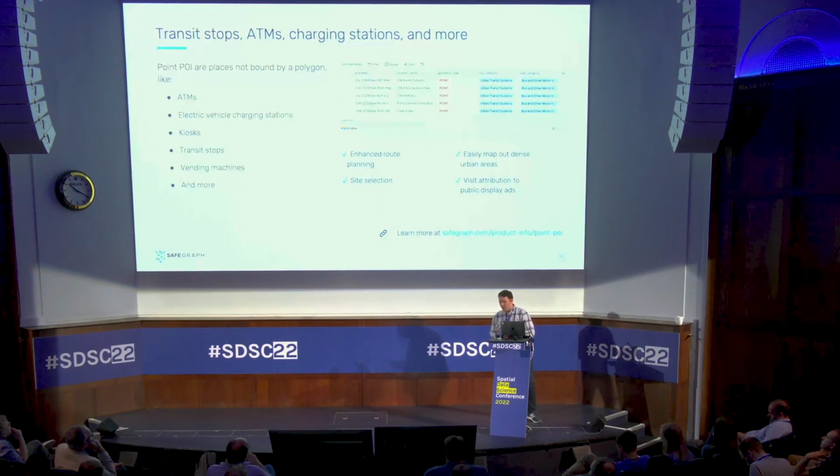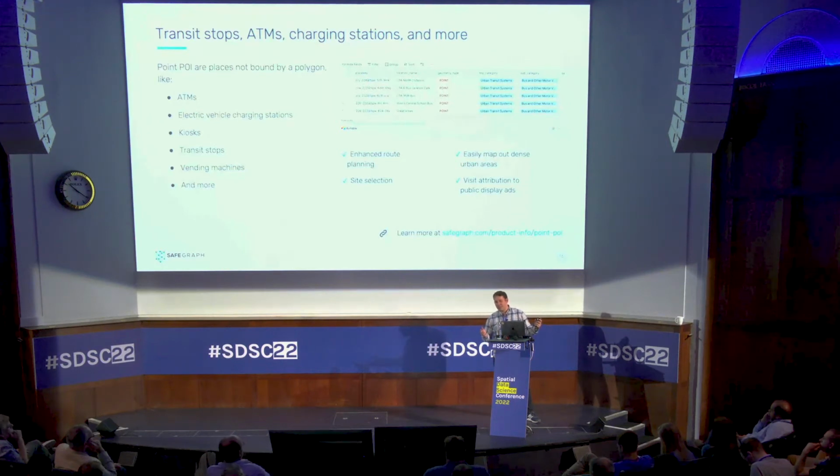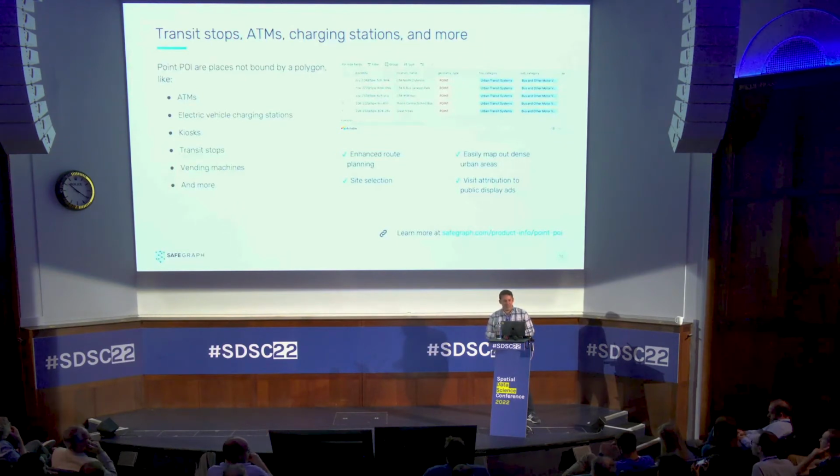First and foremost is what we call point POIs, which are points of interest that don't necessarily have a physical footprint. And if they do have a physical footprint, how would I really interpret what that physical footprint might be? So for example, an ATM. We're not really going to draw an outline for an ATM at an aerial view. So for an ATM, you've just got a point that represents the location of that. For an electric vehicle charging station, same thing.